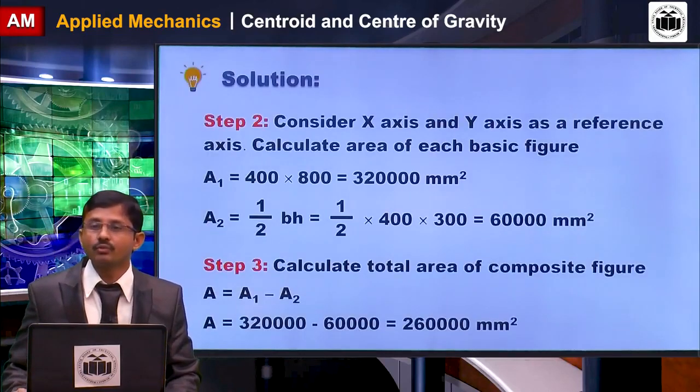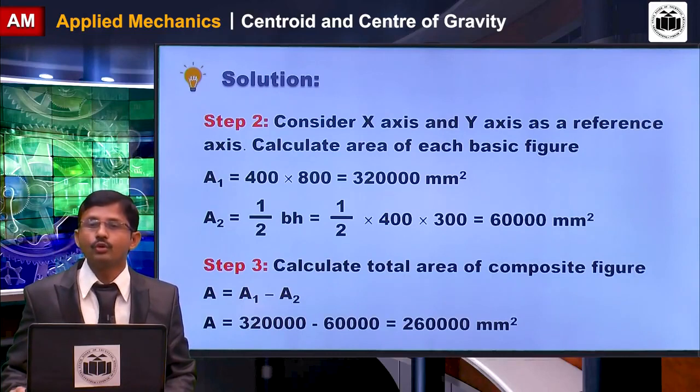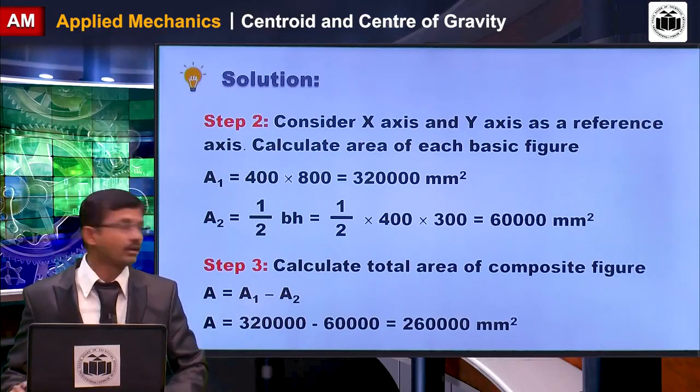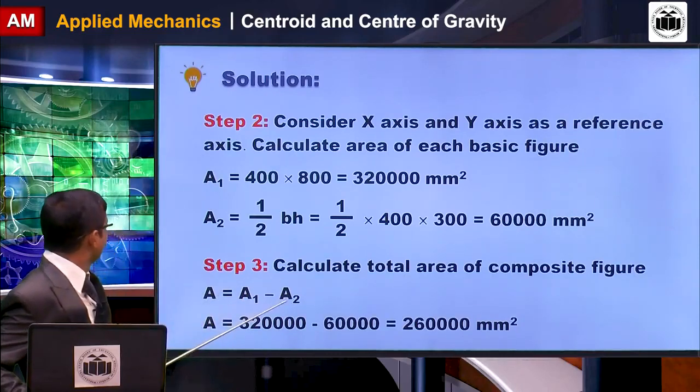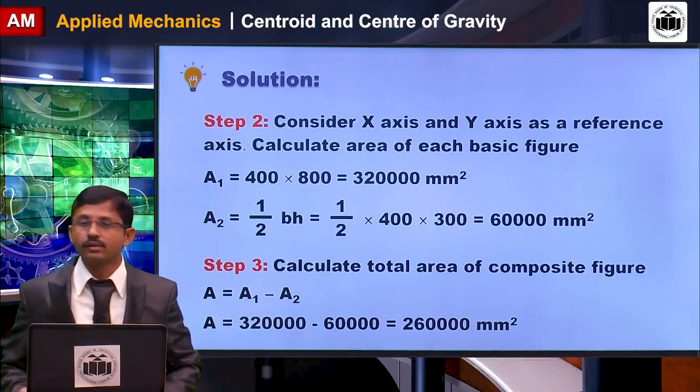After considering x and y axis, you have to calculate the areas, A1 for the rectangle and A2 for the triangle. Then you have to calculate the area of the composite figure. As we know that this is a cutout section, you have to subtract A2 from A1. So you will get the total area.